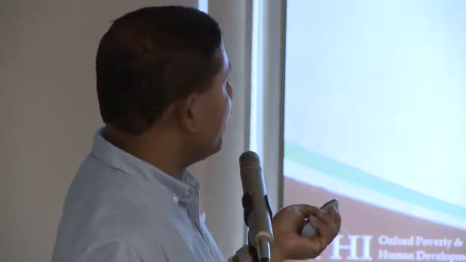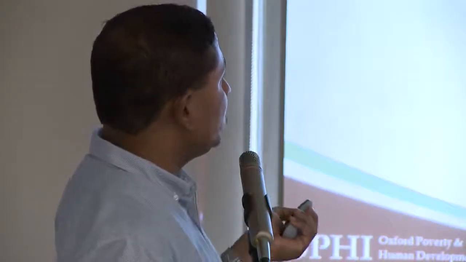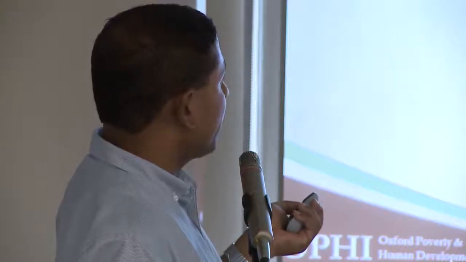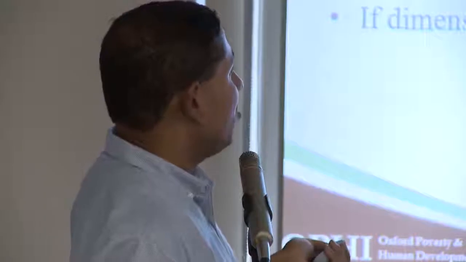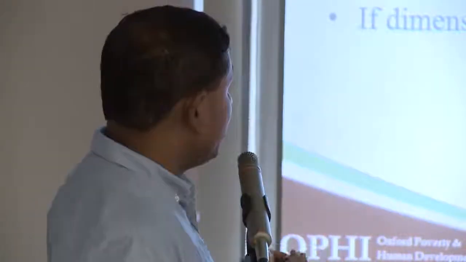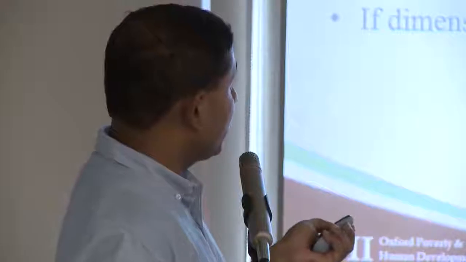But if you move from here to here, which is association decreasing rearrangement, poverty should decrease. This is the idea. If dimensions are complements, and these are results from Bourguignon and Chakravarty, if dimensions are assumed to be complements, then poverty should increase when you move from here to here.